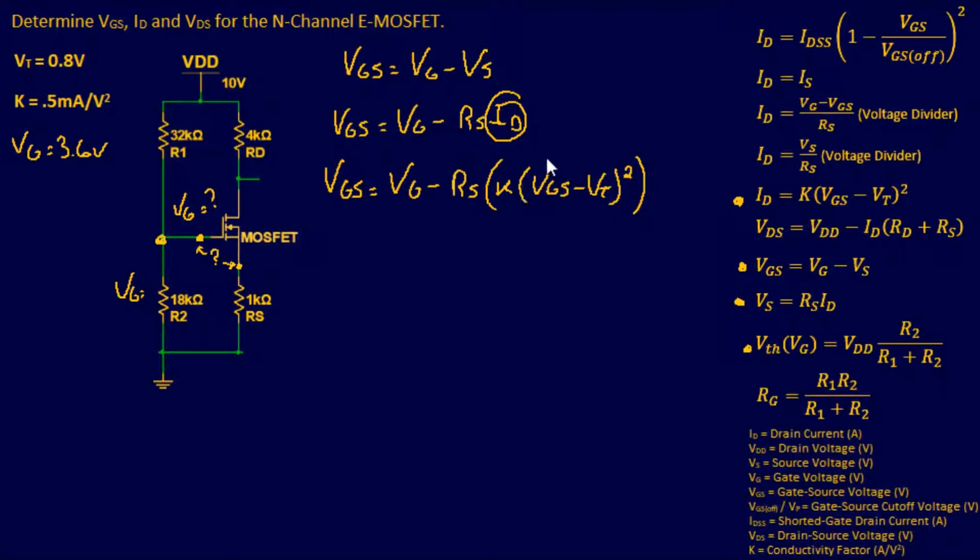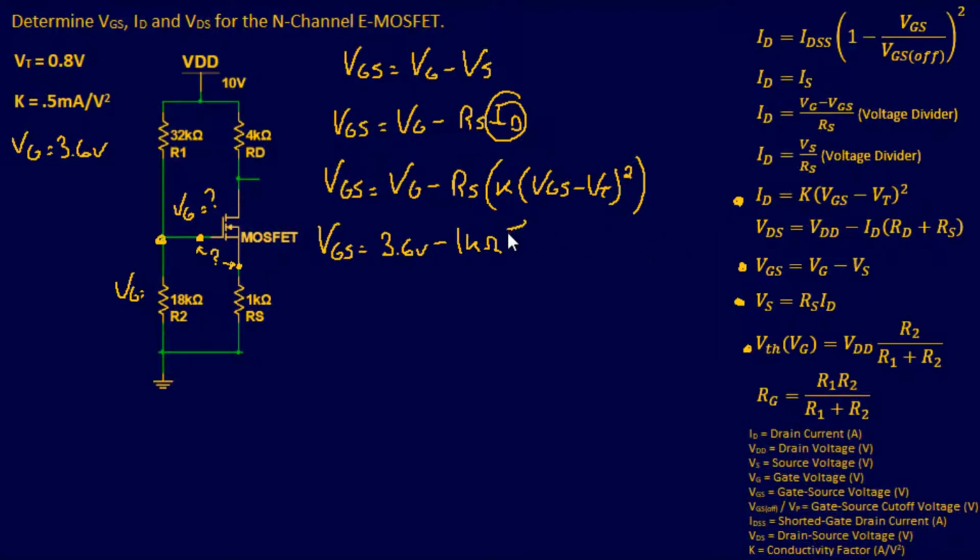So right now we are back to one unknown, which is your gate source voltage, because we have all the other ones. So let me go ahead and fill this in a little bit, that way you get a little aspect of what I'm doing here. So it's gate source voltage equals gate voltage, which we know is 3.6 volts, minus, and your resistor right there is 1K. Let me put an ohm there, that way you can see what I'm doing.